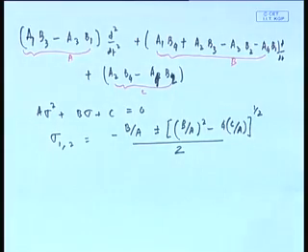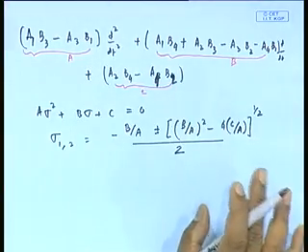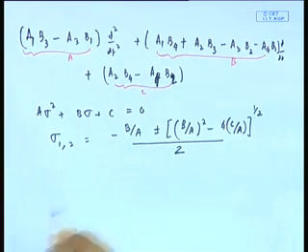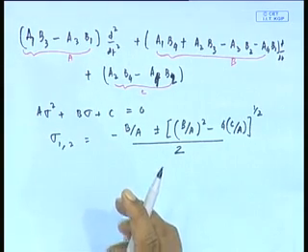Okay, this we all know. Now the question is, in this relation, first question, I want to make sure sigma 1 sigma 2 both are real negative. What are the conditions?